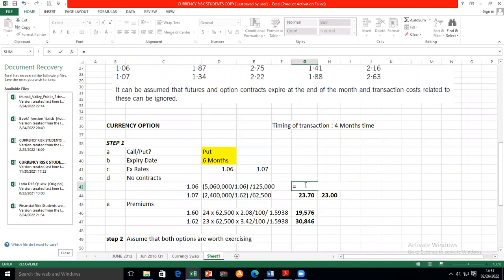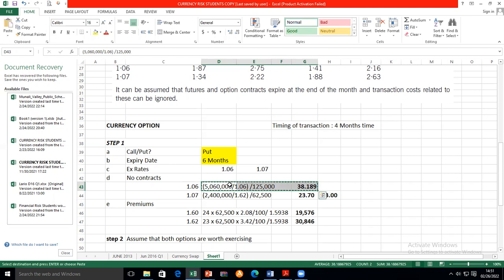How many contracts? How many contracts do you go for? 38 and 37.